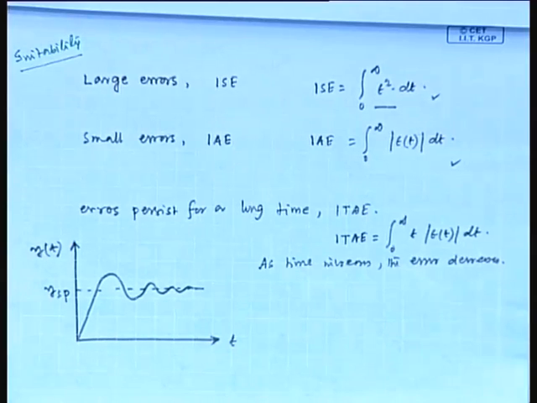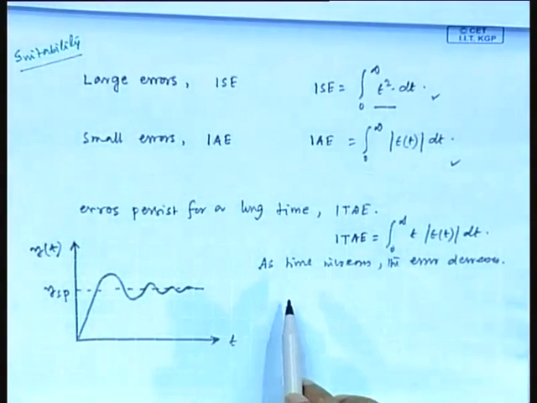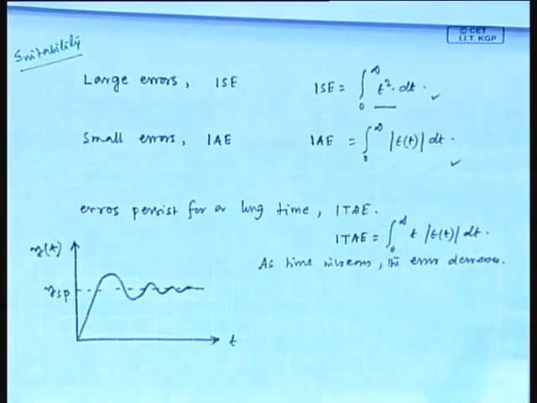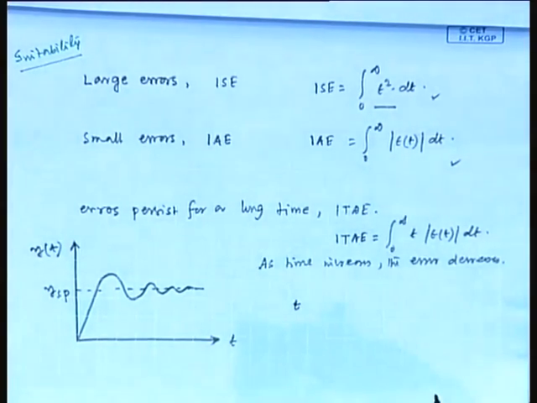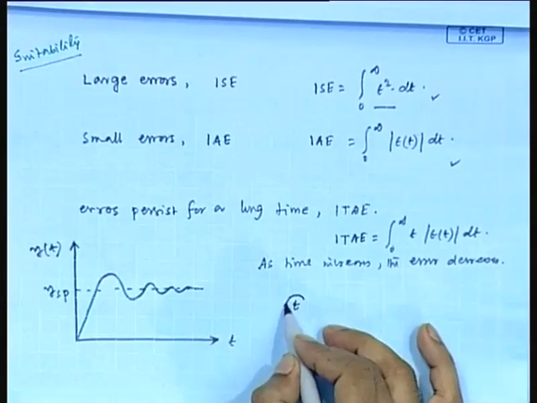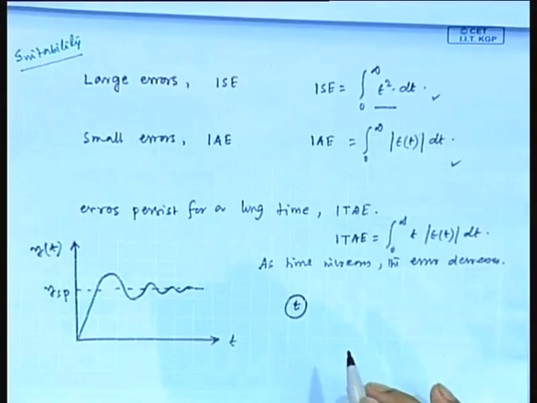Now in this figure it is clear that as time increases, the error decreases. If we multiply this time with the error, the entire process response gets weightage in selecting the control parameter values.